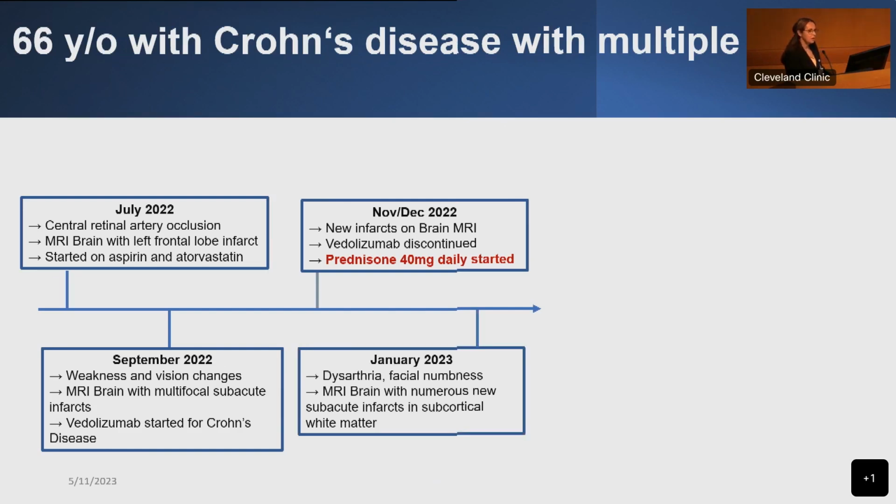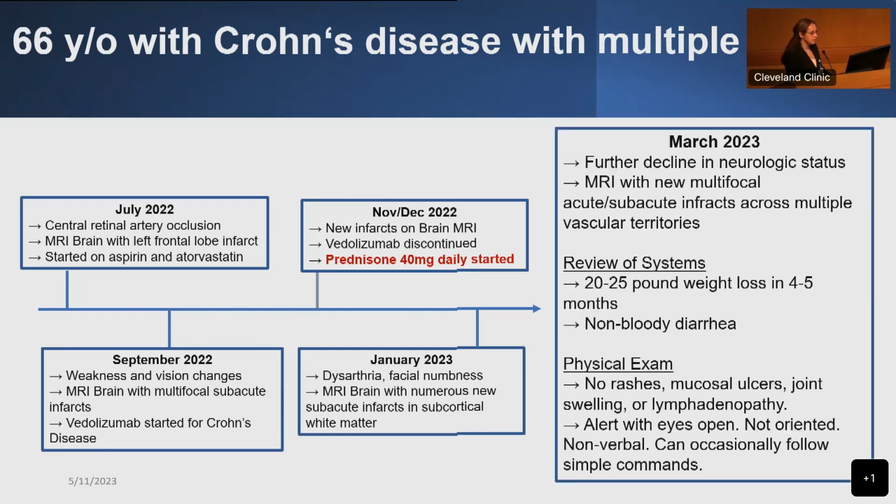He kept having more deficits, and he presented to our hospital in March with further decline in neurologic status, and the MRI showed multifocal subacute and acute infarcts across multiple vascular territories. So the first thing they did was rule out embolic disease; he had multiple echos and telemetry that did not show any evidence of thromboembolic disease. Patient also had 20 to 25 pounds of weight loss.